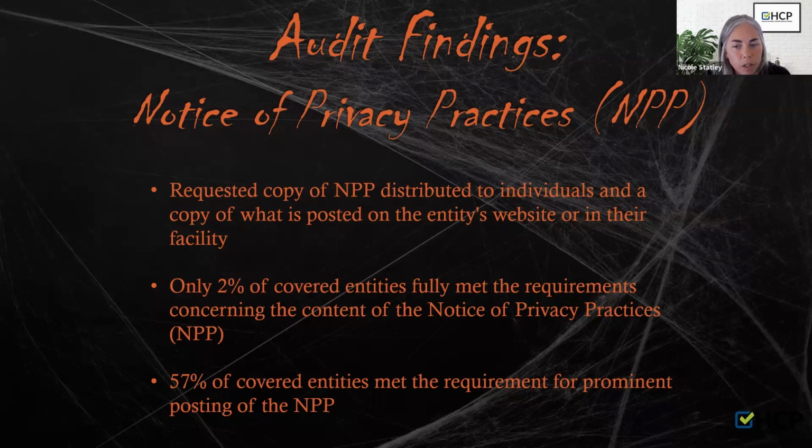Many entities did not meet the requirement to provide a notice that is written in plain language. This audit element did have a positive note. 57% of covered entities did post their NPP in a prominent location and properly on their website for patient access.